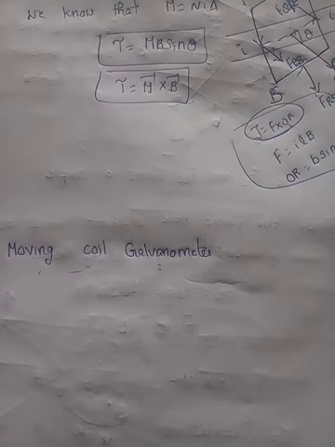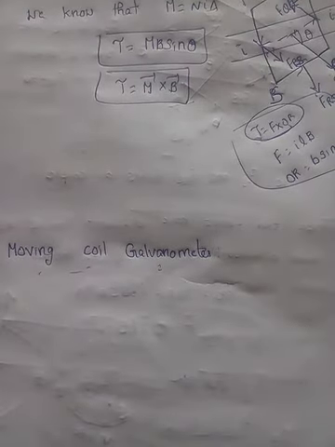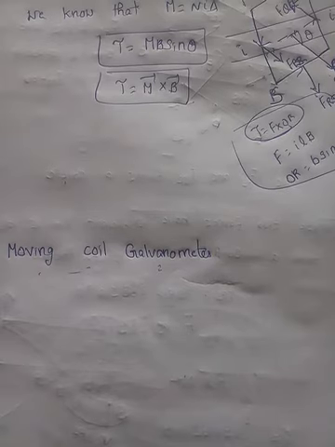Next, we derived an expression for torque, so where will it be useful? Let us see. What is this called? Moving coil galvanometer. What is the function of this moving coil galvanometer?